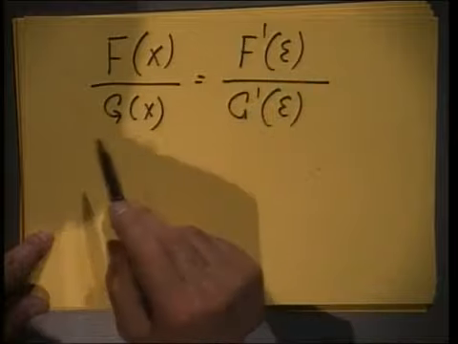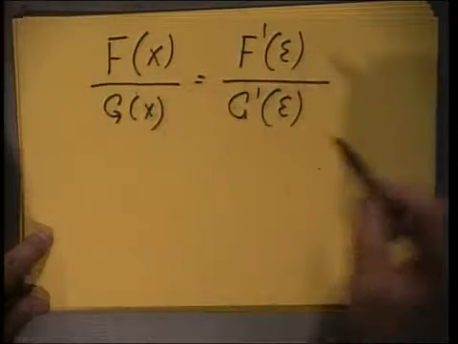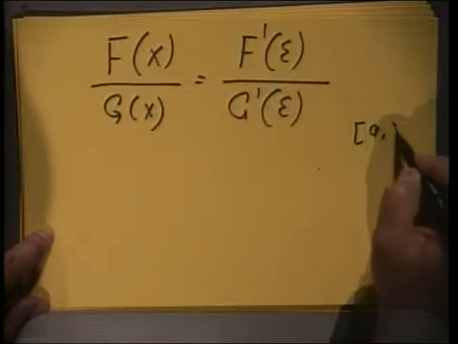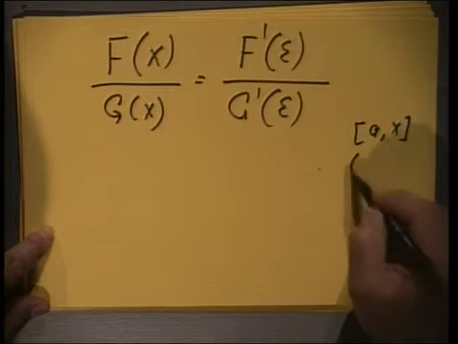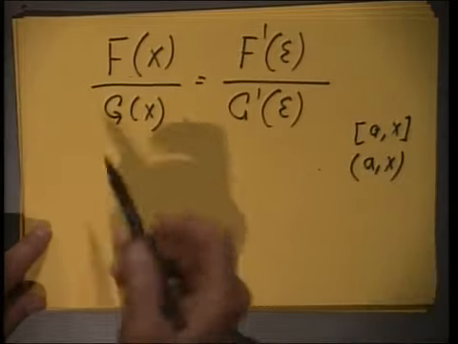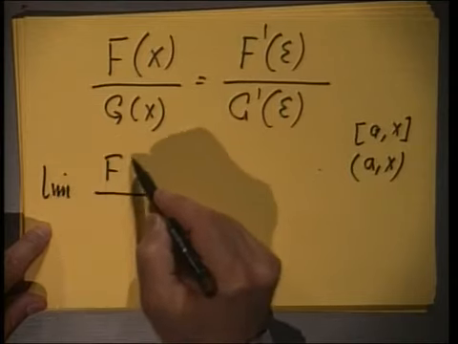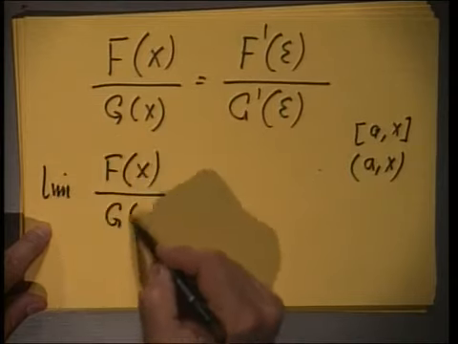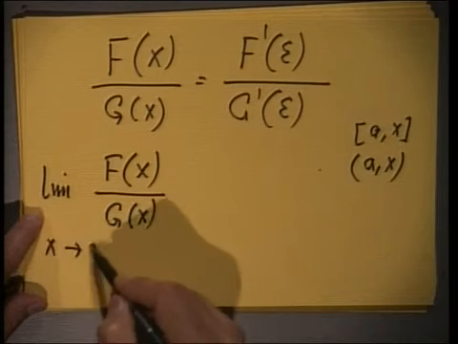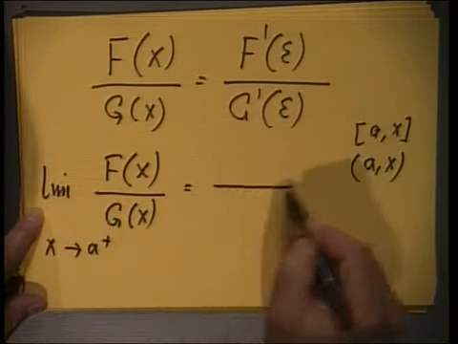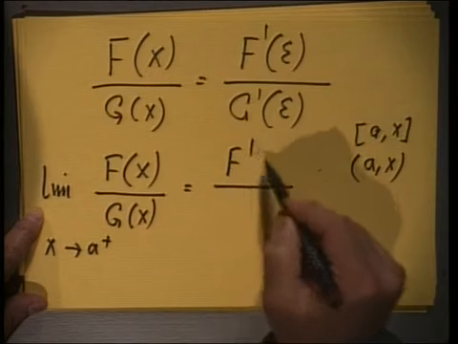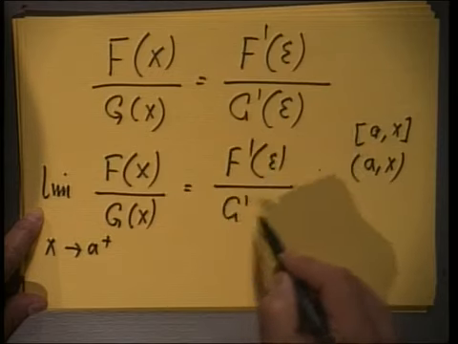Here, capital F of x and capital G of x are both continuous on [a, x] and differentiable on (a, x). If you apply the limit of this quotient, capital F of x over capital G of x, when x tends to a from the right, you end up with f dash of eta over g dash of eta.